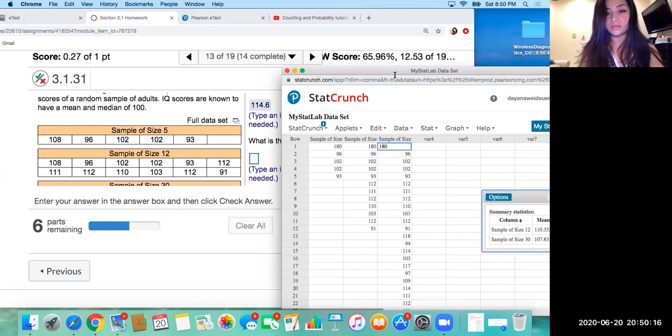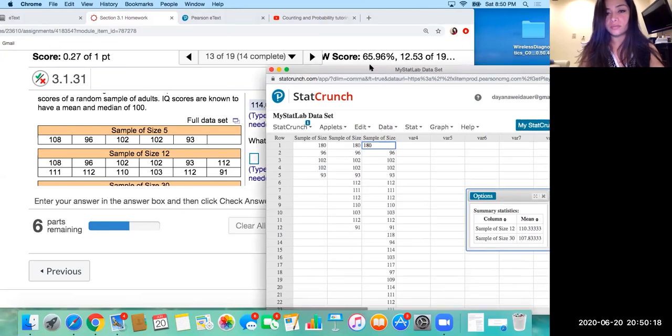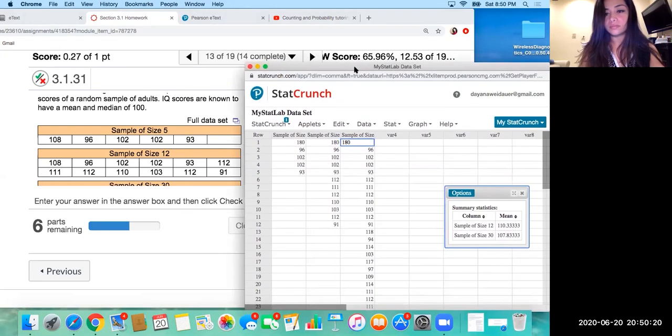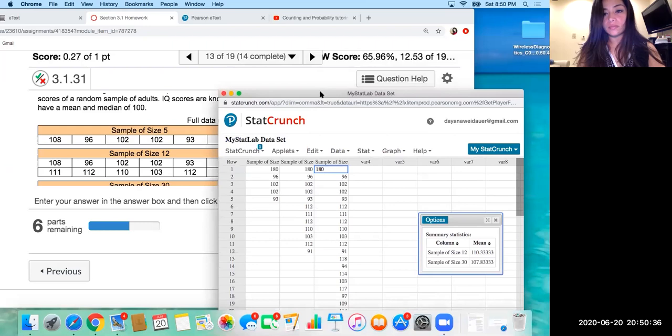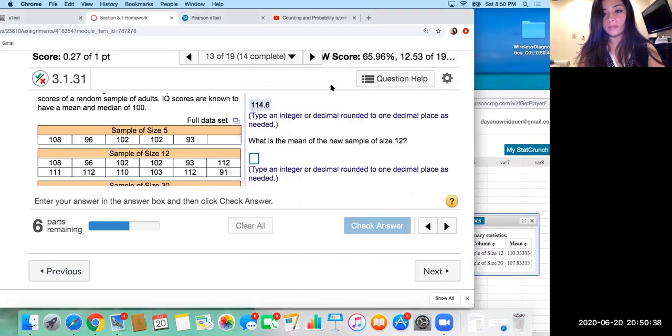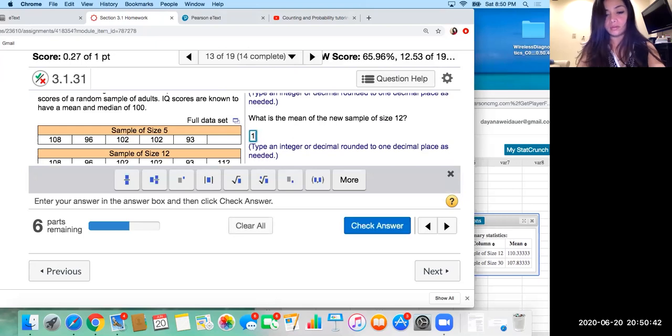Okay, so for sample size 12, it's going to be 1, 3, sample 8. Right.